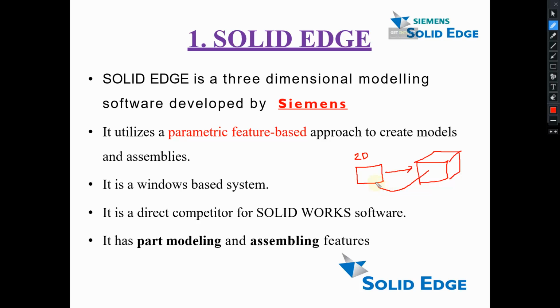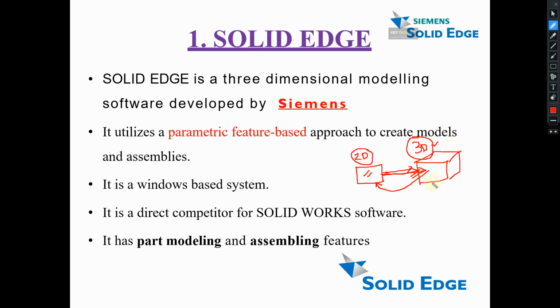We have to again make corresponding changes in this two-dimensional sketch which we have drawn, and these changes will be automatically reflected in the three-dimensional figure. So once we have already made the three-dimensional model, if we make any changes in the two-dimensional figure, it will automatically reflect in the three-dimensional figure.